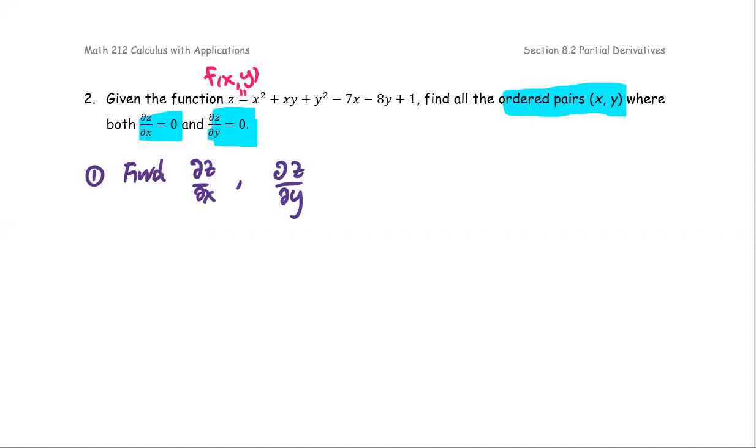That's the first task. Then we let each be 0 and solve for x and y.